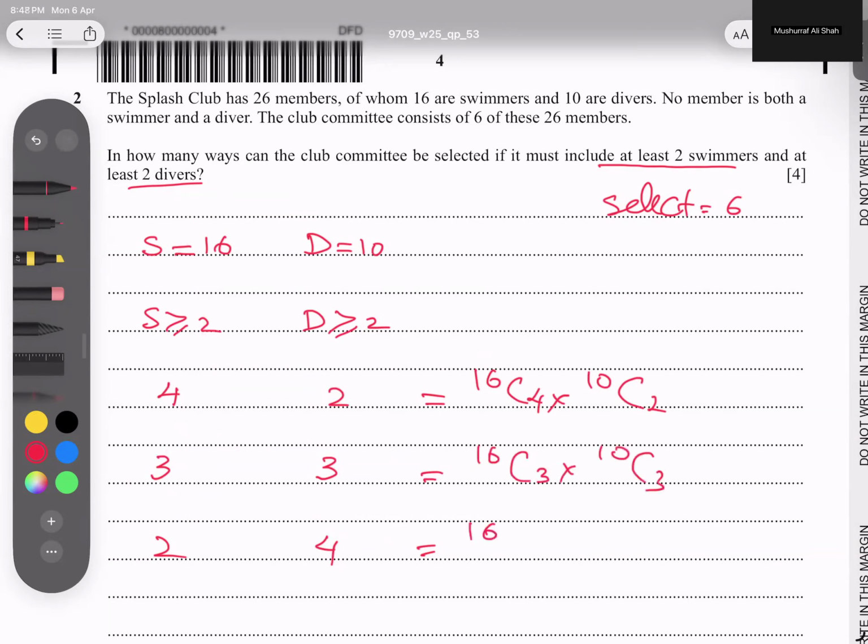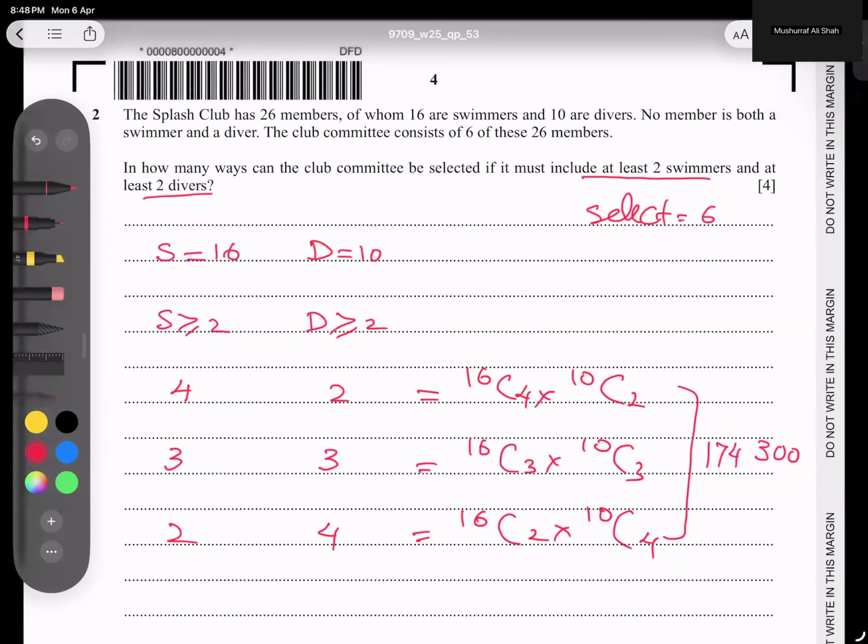I think now you're understanding well. And 16C2 and 10C4. When you type in the calculator and add them all, the answer turns out to be 174,300. So I hope the concept of the question is completely clear.